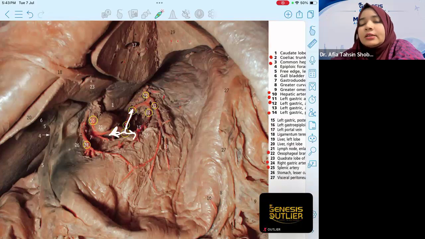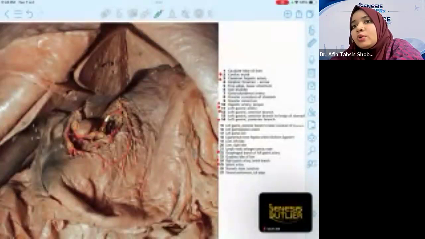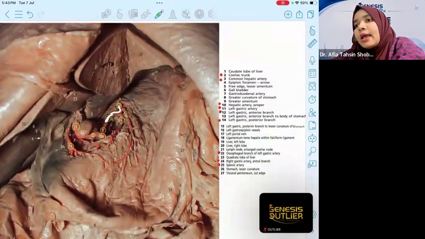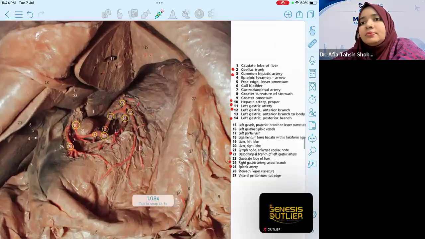Now come to the small branches. From left gastric artery 11, you will get 22 as the esophageal branch of left gastric artery. You will get 12 as the anterior branch of left gastric artery, and 14 as the posterior branch of left gastric artery. And here you will get 10.